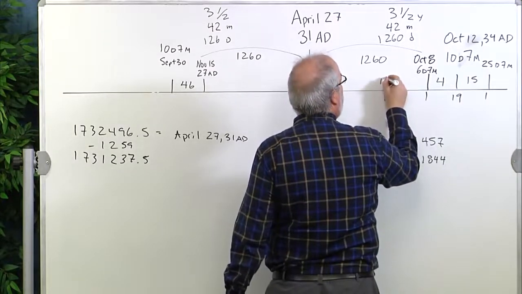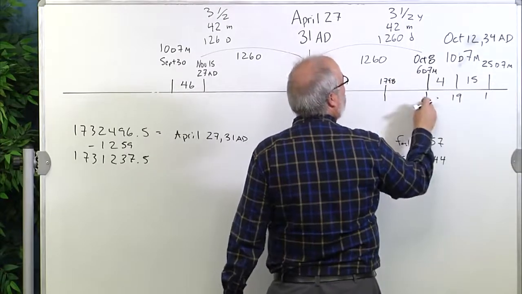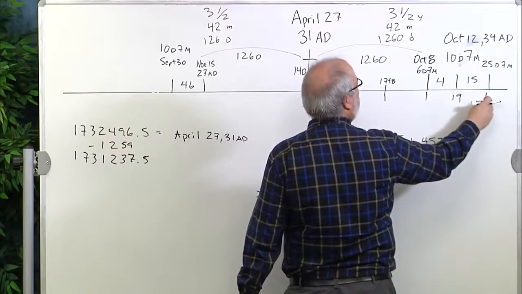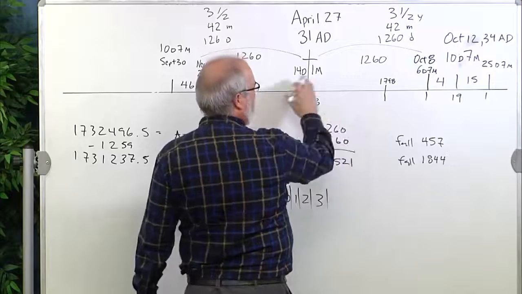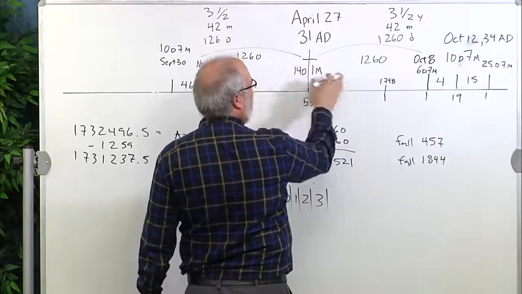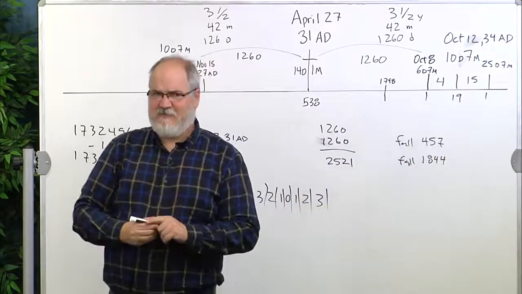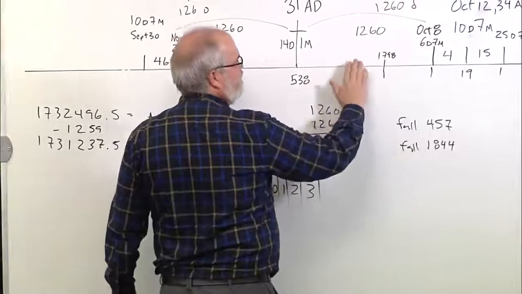Sorry about that. So if I did it this way, this would be 1798, this would be 1844, and this would be 1863 in the prophetic mirror. But this doesn't really line up with this at all. I don't have the 1260 lining up. So you can see I can't go this way. Does that make sense? Why I can't go this way? It doesn't match up. The 1260 doesn't fit in the right spot.